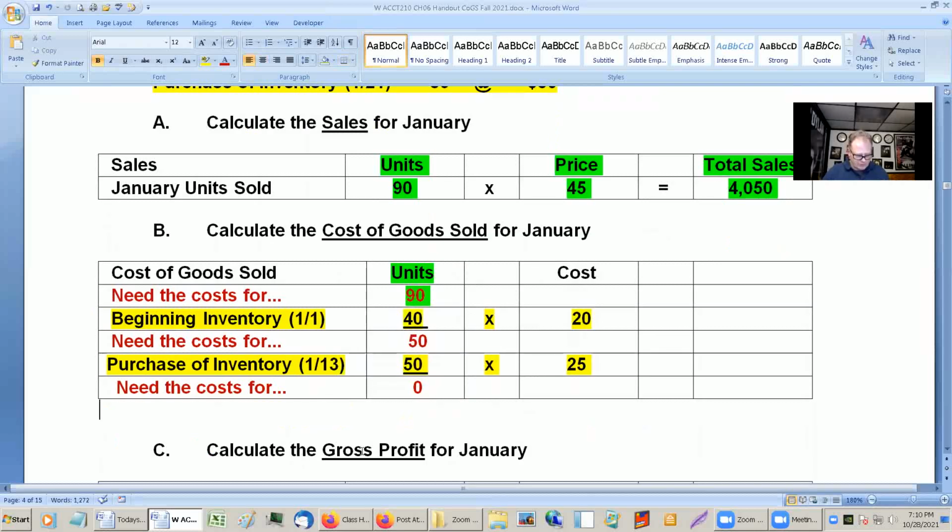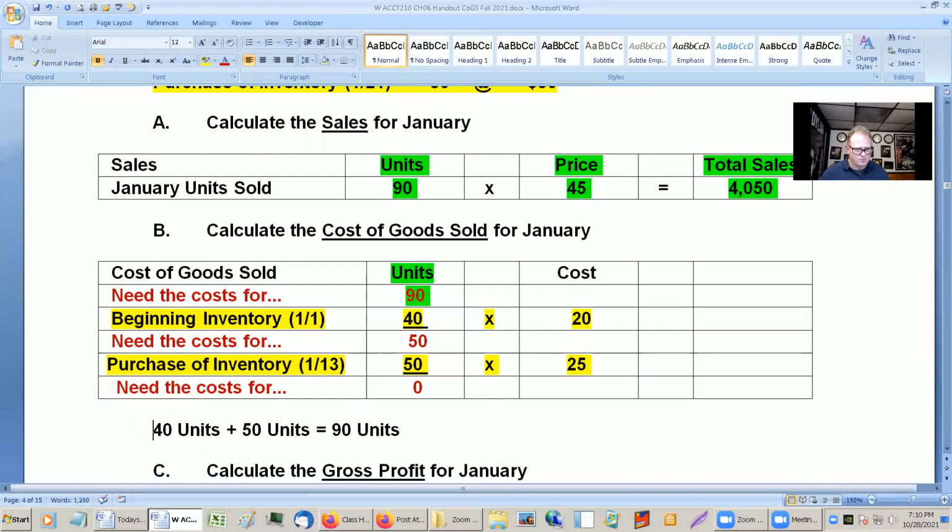It does. 40 units, 50 units. This is 90. So this equals 800.